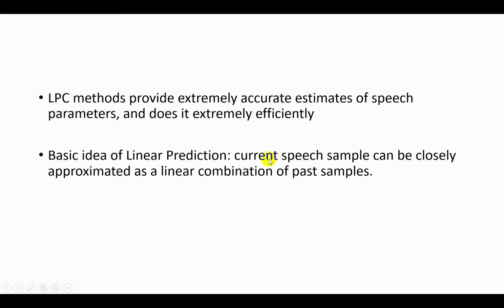In linear prediction, the current speech sample can be closely approximated as a linear combination of past input samples. There are different applications of these LPC methods. For coding the speech, for transmitting via the transmission media, we are using linear predictive coding methods.